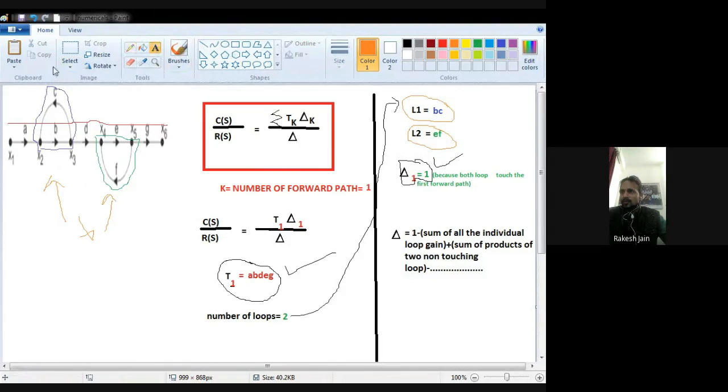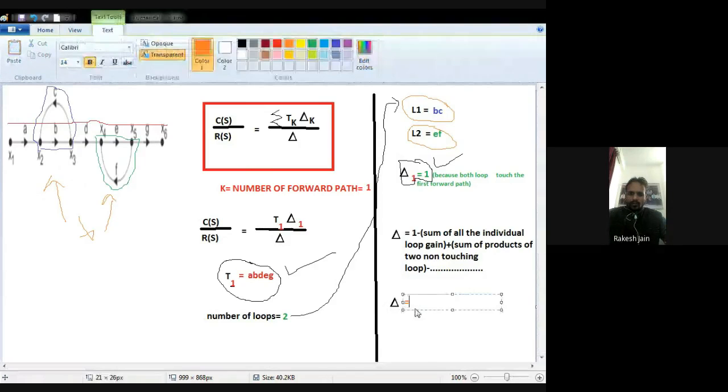So how do we find the value of del for this question? Now see very carefully. Del is equal to 1 minus the sum of all the individual loop gains. Here there are only two loops, one is BC and the second loop is EF. So 1 minus (BC plus EF), plus the sum of products of two non-touching loops.